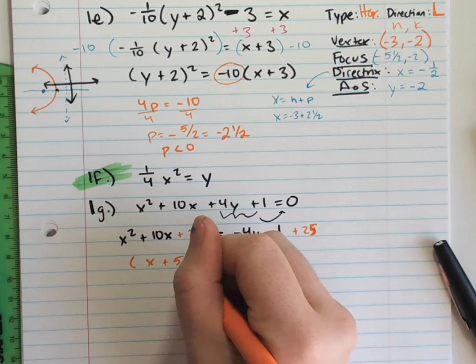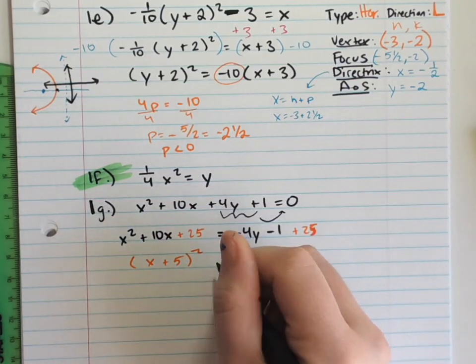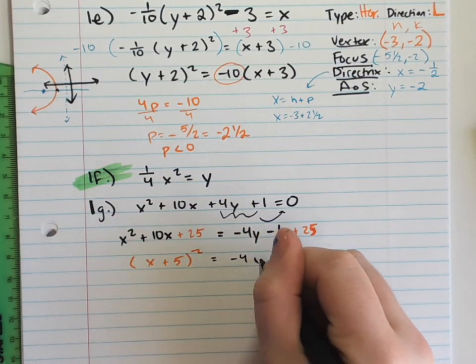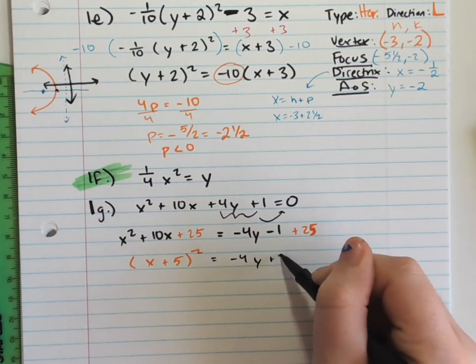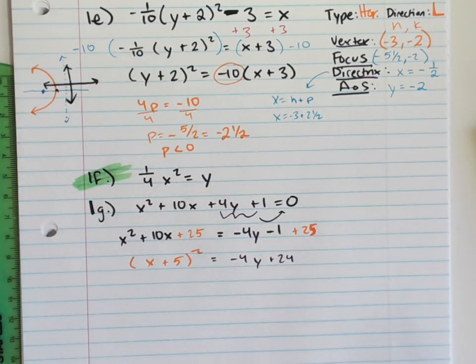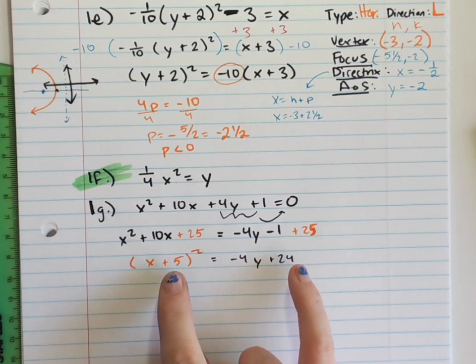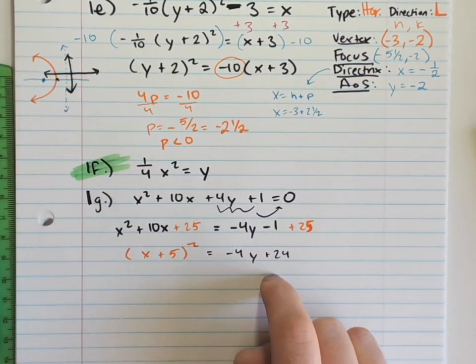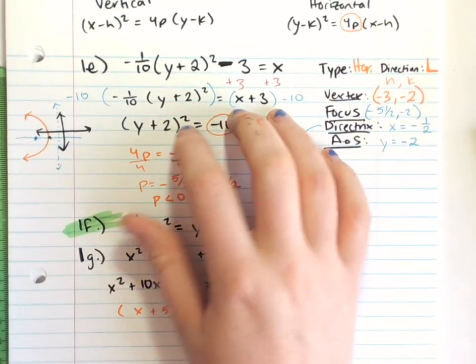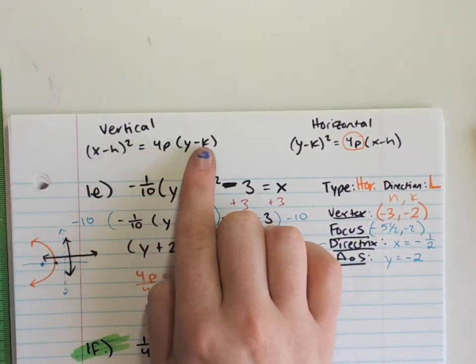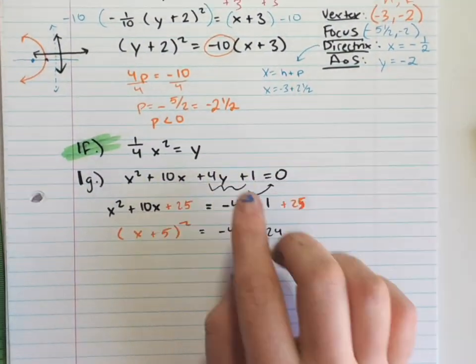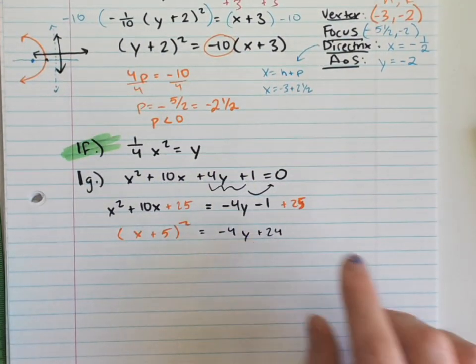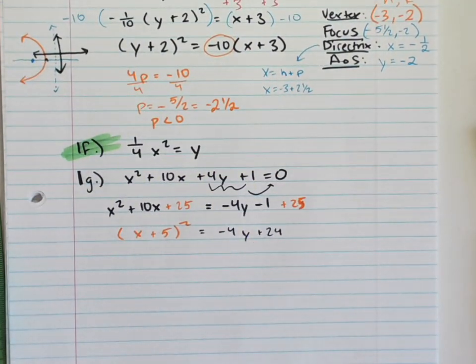X plus 5 squared equals negative 4y plus 24. So we're looking good, but we want this to be in parentheses. If we go back to the original up here, we want it to look like this. So I'm going to factor out a common factor between the two of these, which would be negative 4.